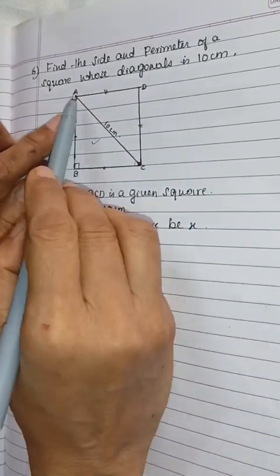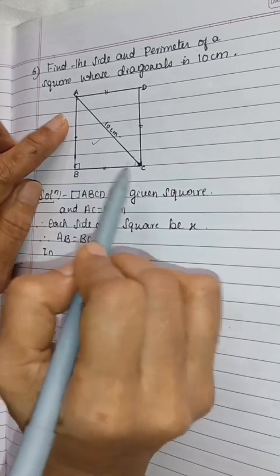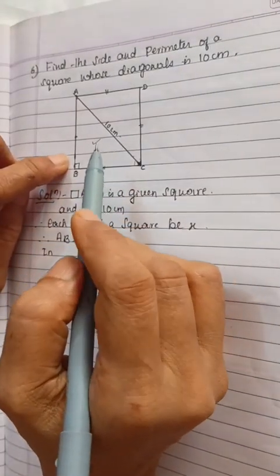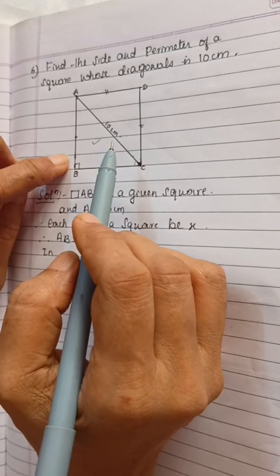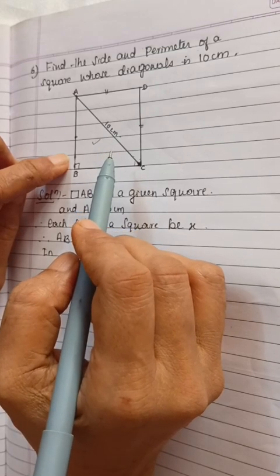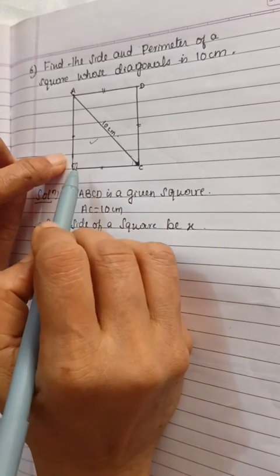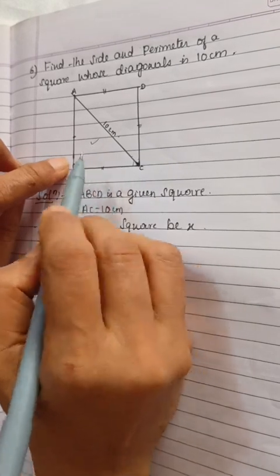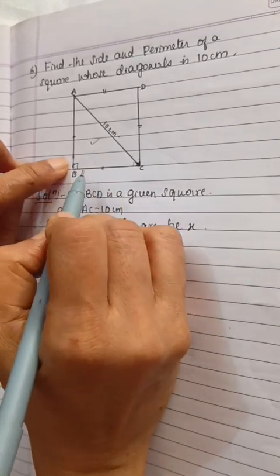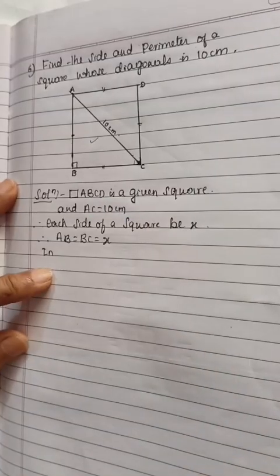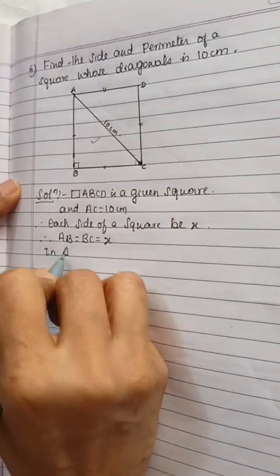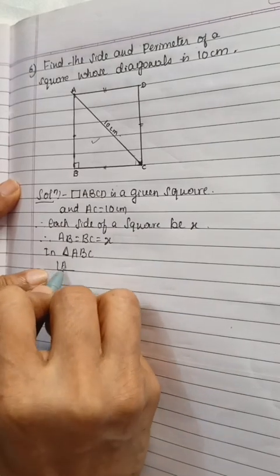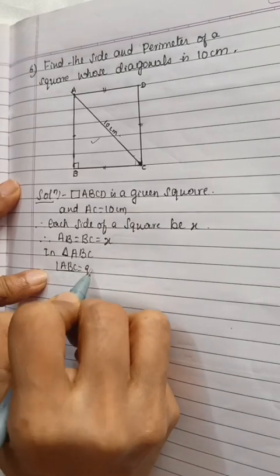Let's take this triangle. In triangle ABC, angle ABC is 90 degree.